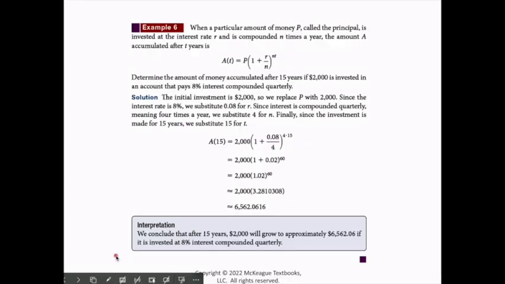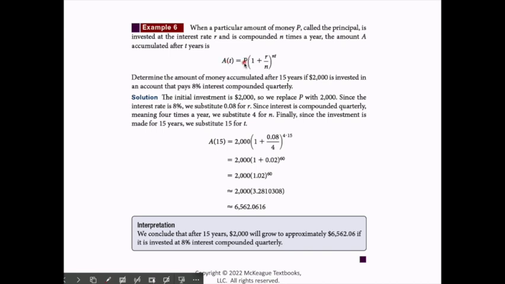In example 6, we're going to look at an application involving compounding. The A here, or the output, is your accumulated balance, and that means whatever you have left in your account after the specific time interval, and that would include the money that is deposited as well as the interest.